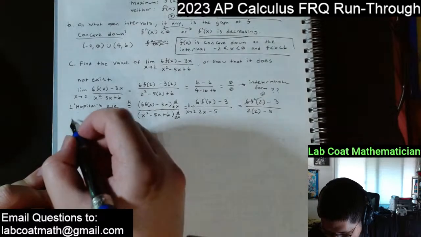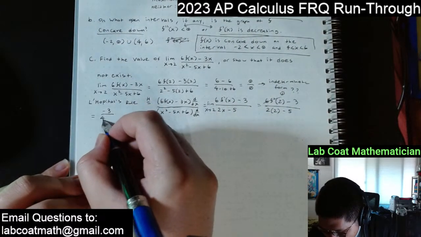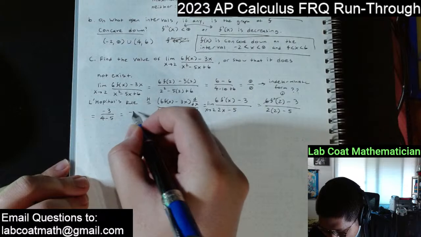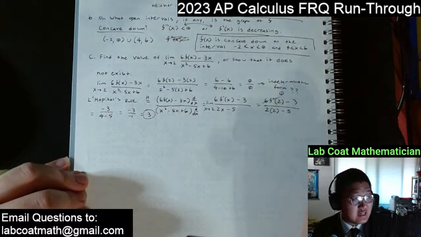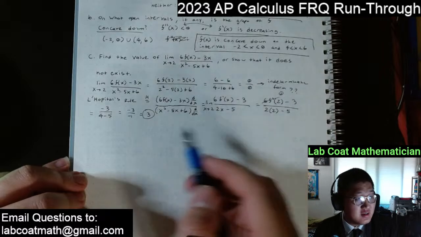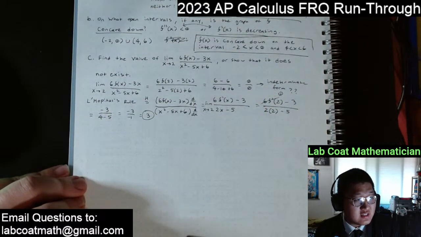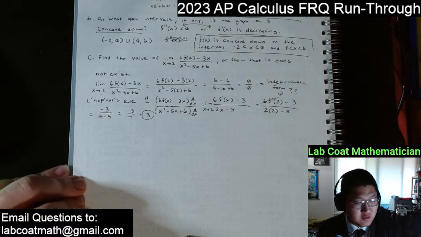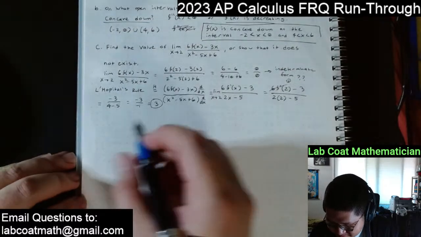So with that, we're going to reach an actual result here of negative 3 over 4 minus 5. So it's negative 3 over negative 1, giving us positive 3 as an actual limit that is defined by using L'Hopital's rule, understanding that indeterminate forms do exist, and we can use that very simple rule for us to then determine where this function is headed at that limit of 2.